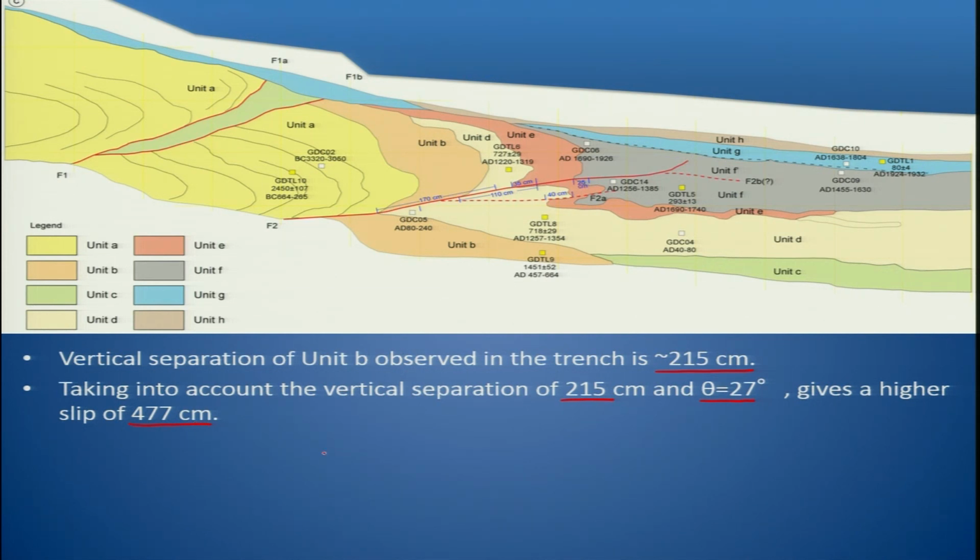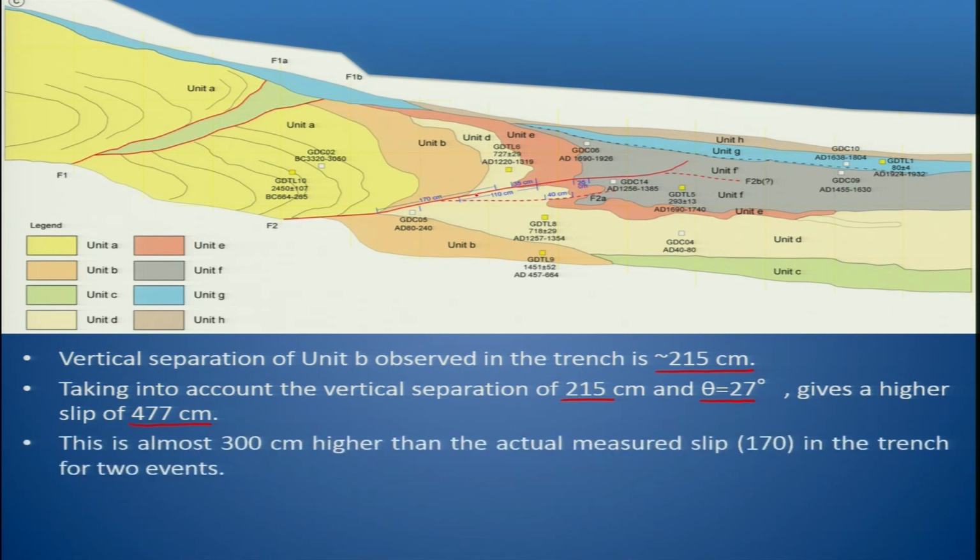But the slip we actually obtained was 170 centimeter. So this is almost 300 centimeter higher than the actual slip we measured in the trench, that was 170 centimeter for 2 events, because this is the cumulative slip.